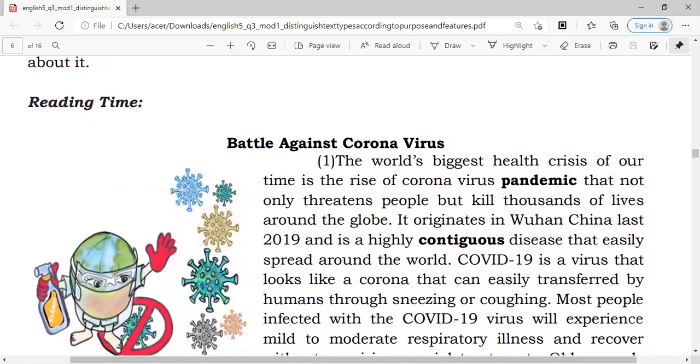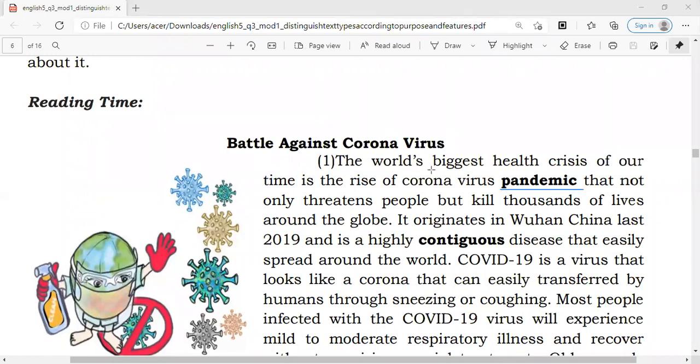The world's biggest health crisis of our time is the rise of coronavirus pandemic that not only threatens people but kills thousands of lives around the globe. What's the cause of our pandemic here?